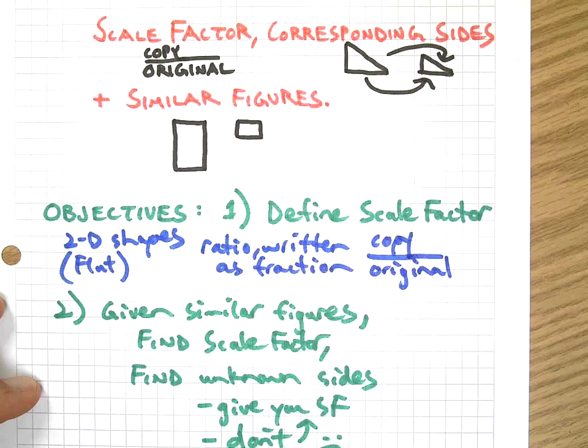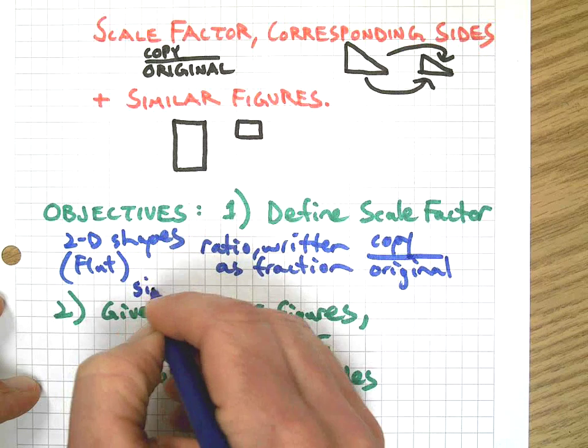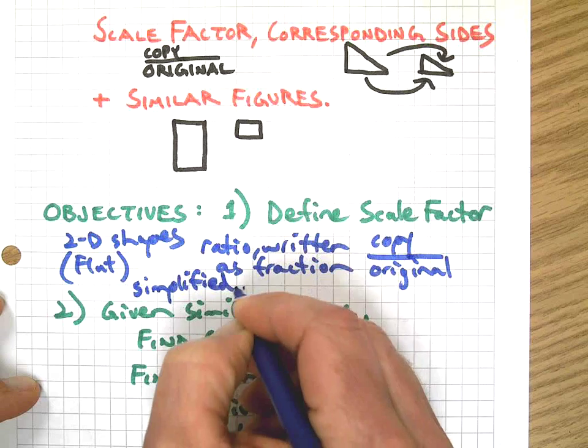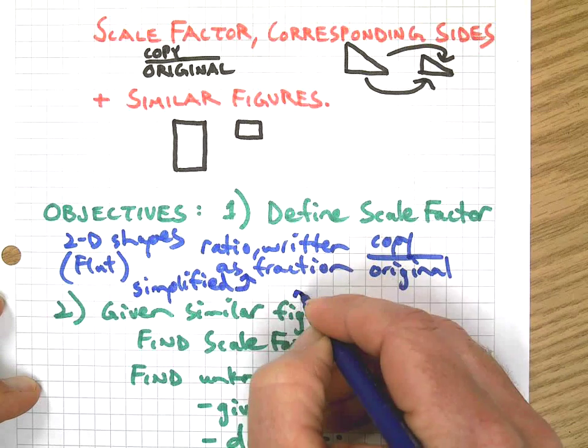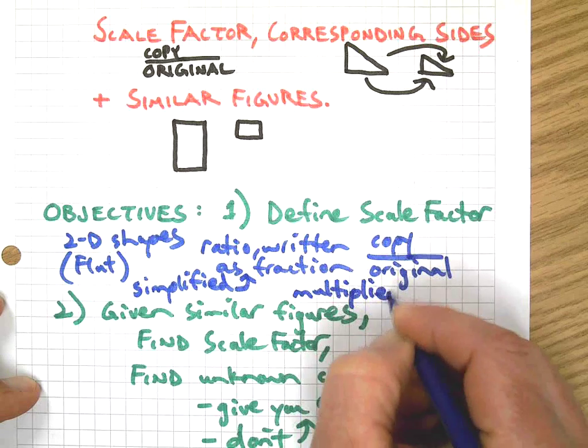Copy on top of original, right? It's a multiplier. A simplified ratio. It's a multiplier that connects 2 shapes or more.